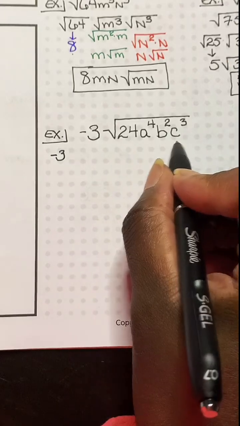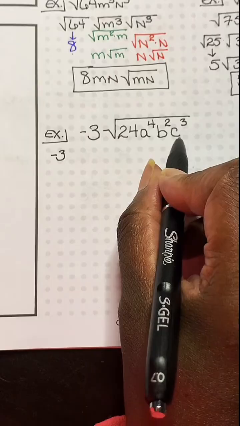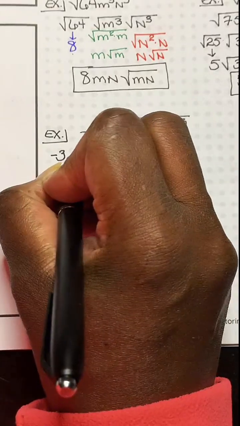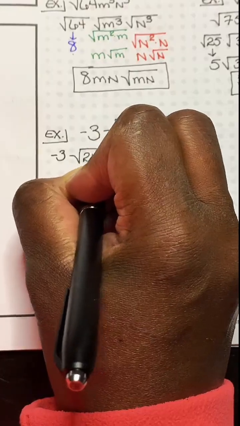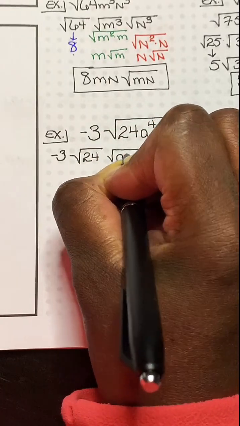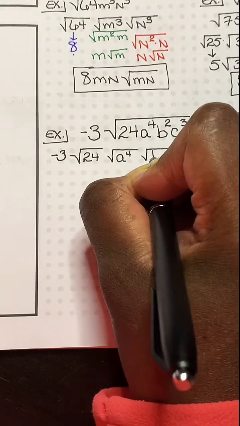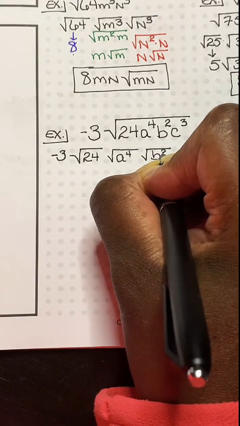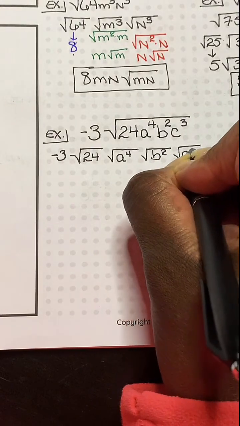So now, just like how I did the other ones, I'm going to give each of these terms their own radical. So we have the square root of 24, the square root of a to the fourth, the square root of b squared, and the square root of c cubed.